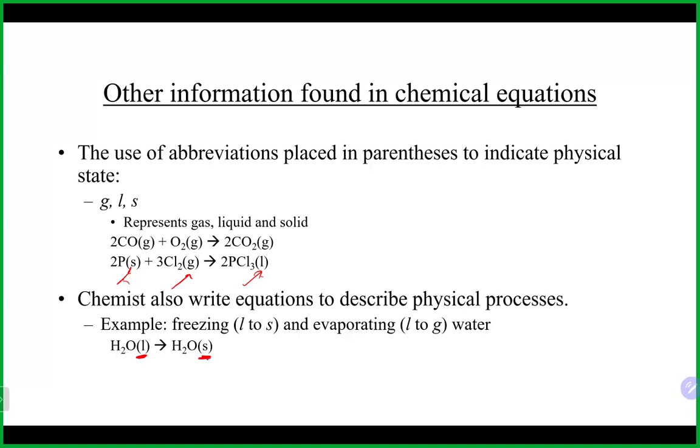But we also sometimes will use an equation to represent that. Again, the only difference here is the actual state. Here is liquid water going to gas, which is steam, and that's the process of evaporation, which is also a physical process. And again, we sometimes will use chemical reactions or equations to represent both chemical changes and also physical changes that are occurring as well.